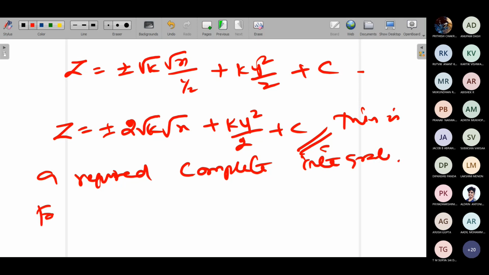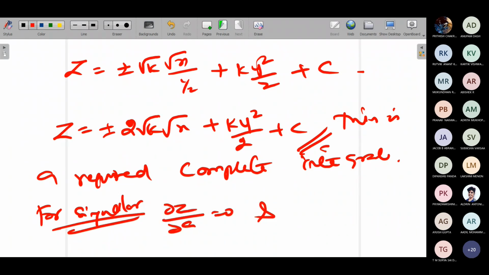For the singular integral, you have to check dou z by dou k equal to 0 and dou z by dou c equal to 0. When you differentiate with respect to c, you'll get 1 is equal to 0.